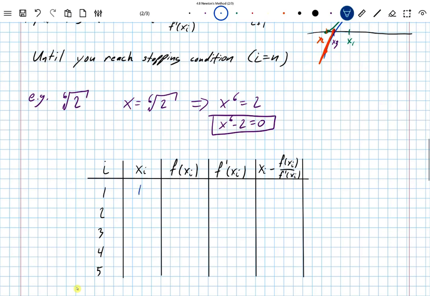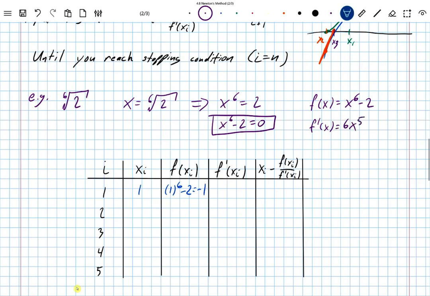If I plug 1 into x to the 6th minus 2, I'll do this longhand this first time. 1 to the 6th minus 2 is equal to -1. Its derivative, maybe I should have written this down up here, always a good idea: f of x is equal to x to the 6th minus 2, f prime of x is equal to 6x to the 5th.